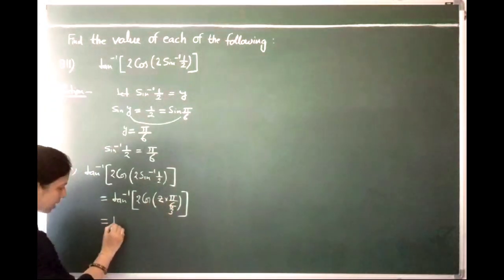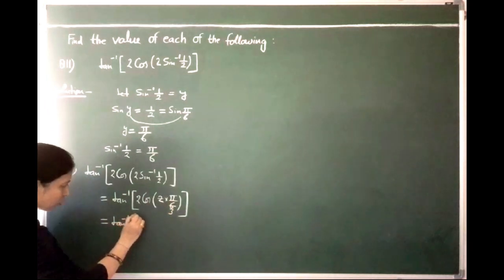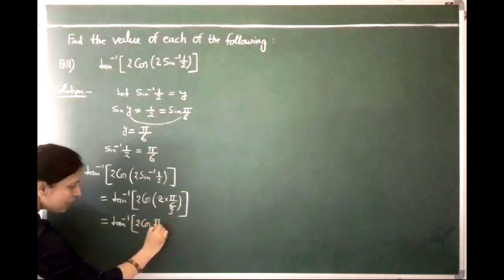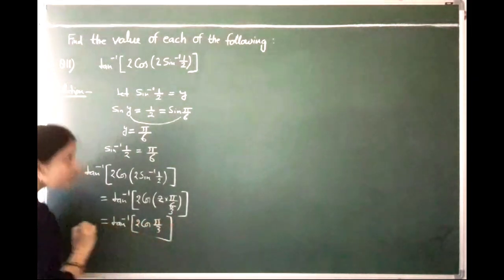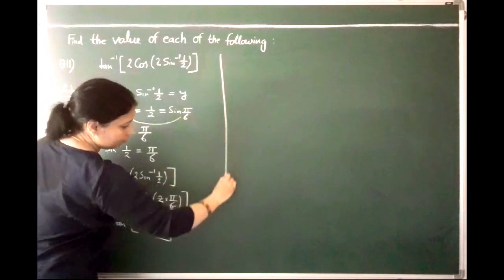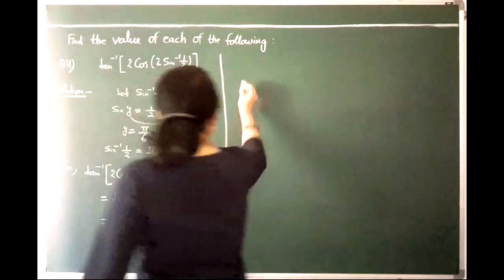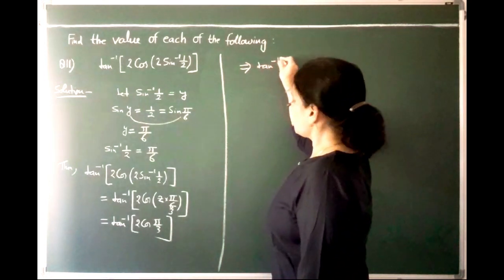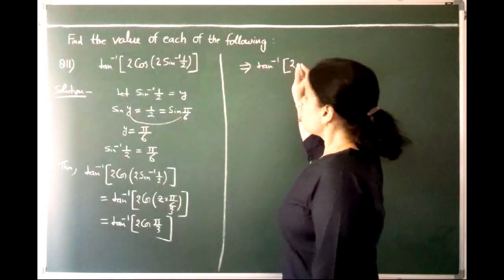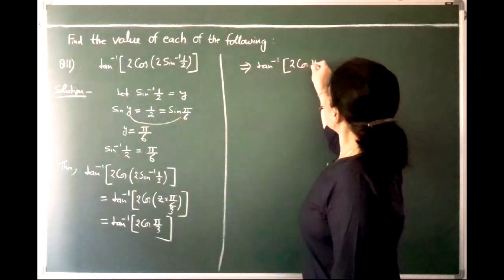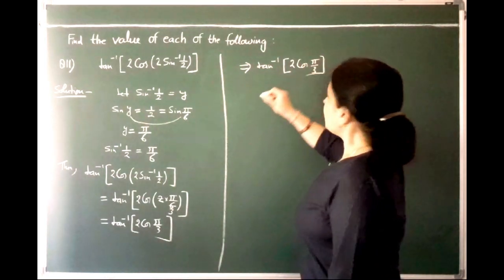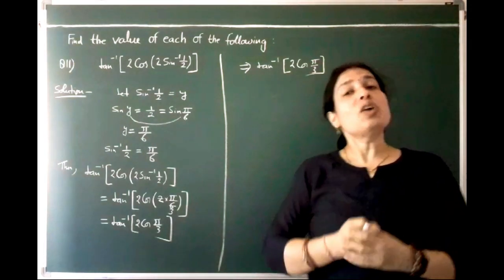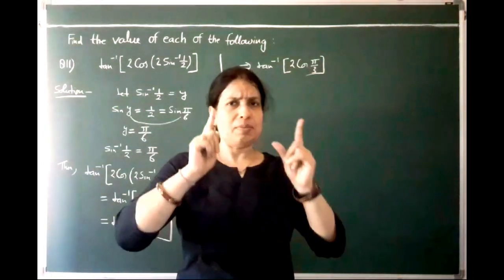Now we can write tan inverse 2 cos pi by 3 again, and we know that cos pi by 3 means cos 60 degree, and the value of cos pi by 3 is equal to 1 by 2.